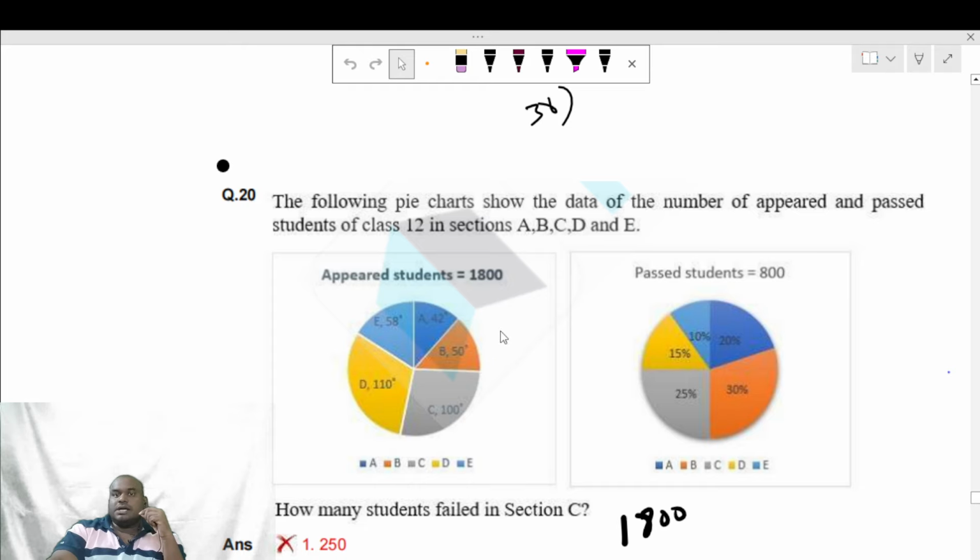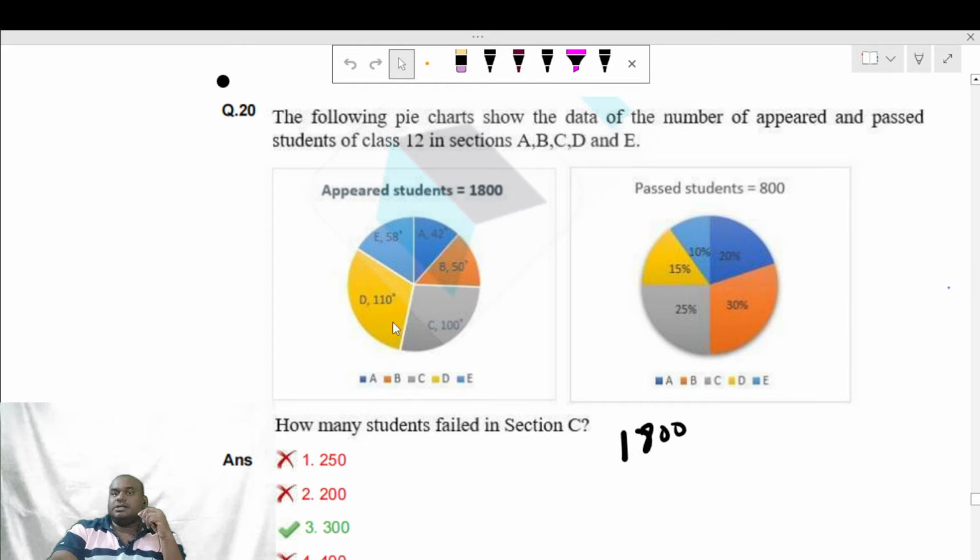So I'll explain again what he has given in the chart. Out of these two charts, you are supposed to find out failed students in section C. He gave appeared students as 1800, passed students as 800, but he did not give failed students. At the same time, he gave percentages in the second chart and degrees in the first chart.